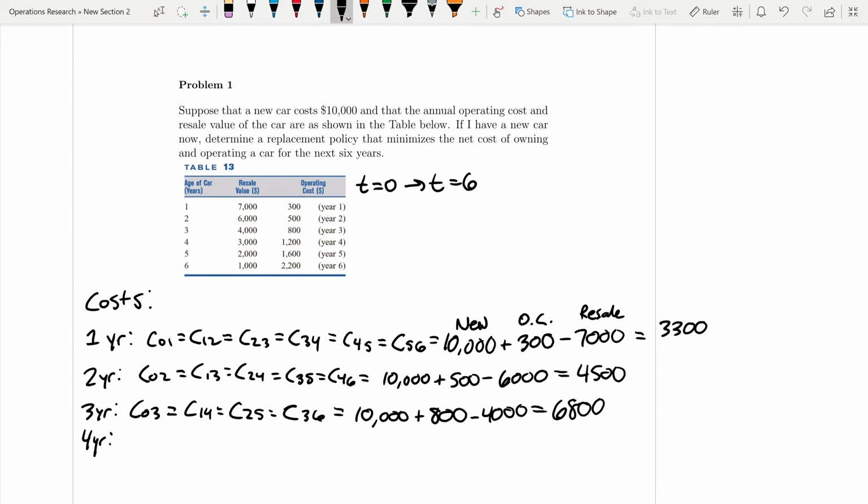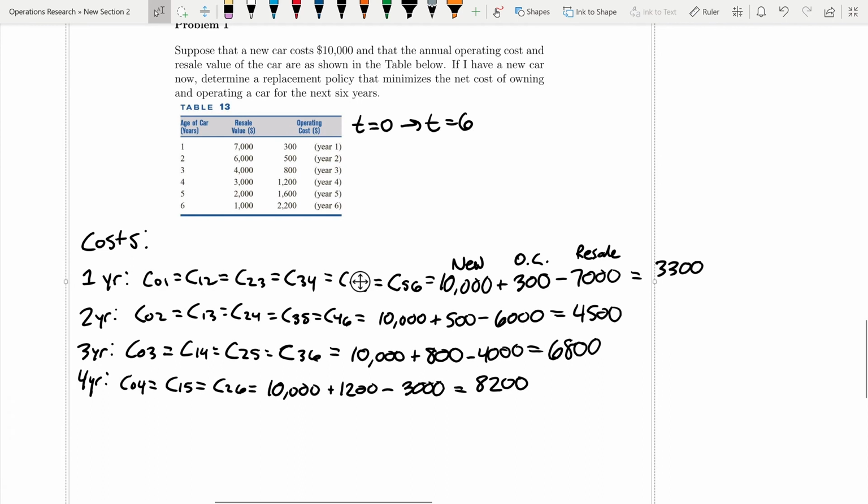If we keep a car for 4 years, we can go from 0 to 4, from 1 to 5, or 2 to 6. And this is going to be $10,000 new, plus $1,200 operating costs, minus $3,000 for that salvage value. And this is going to give us a value of 8,200. And then if we have the car for 5 years, we can go from 0 to 5, or from 1 to 6.